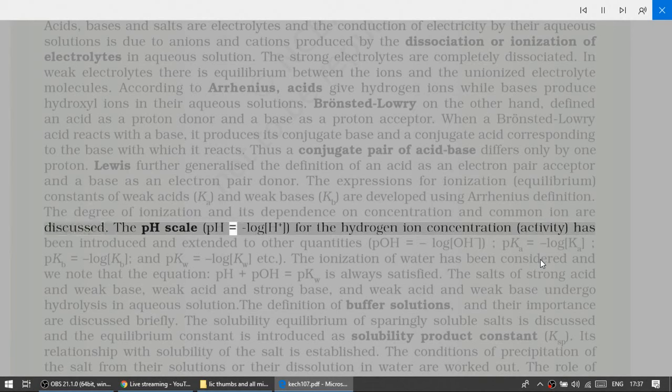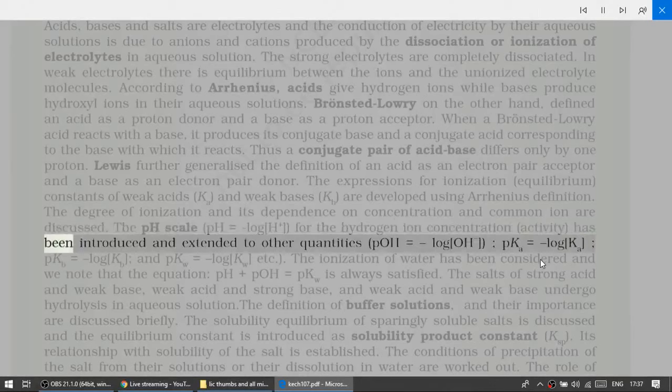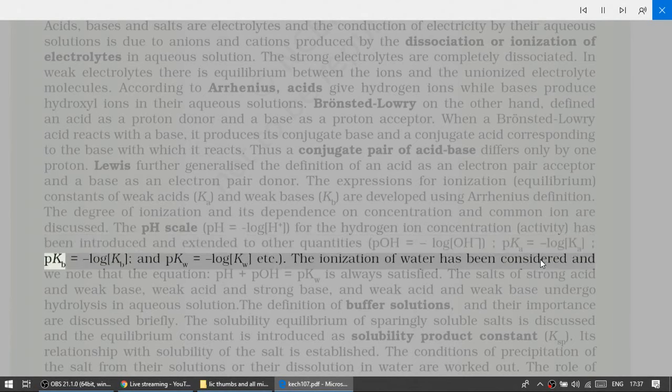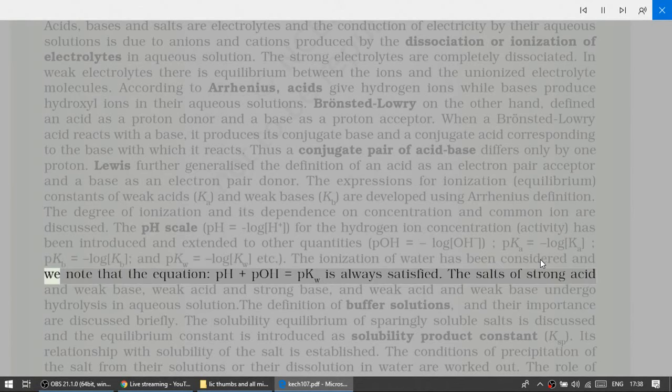The pH scale, pH = -log[H+], for the hydrogen ion concentration, activity, has been introduced and extended to other quantities: pOH = -log[OH-], pKa = -log Ka, pKb = -log Kb, and pKw = -log Kw, etc. The ionization of water has been considered, and we note that the equation pH + pOH = pKw is always satisfied.